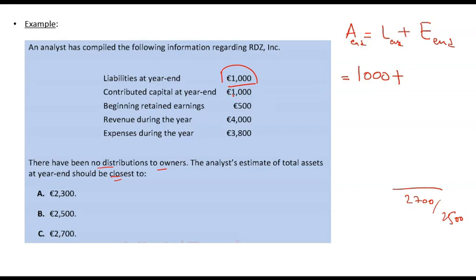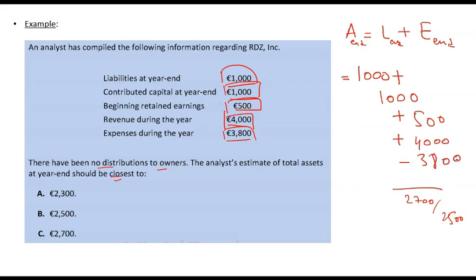Equity is contributed capital, that is again 1000, plus beginning retained earnings, that is 500, plus net income, that is revenue minus expenses. And if you solve it, you should be able to arrive at the answer.